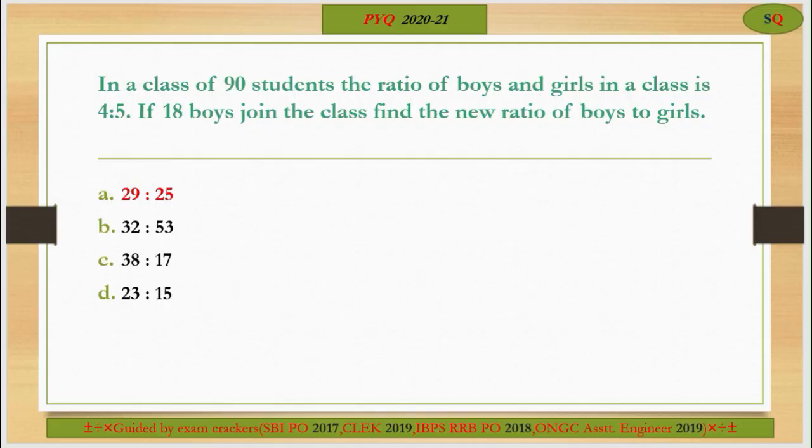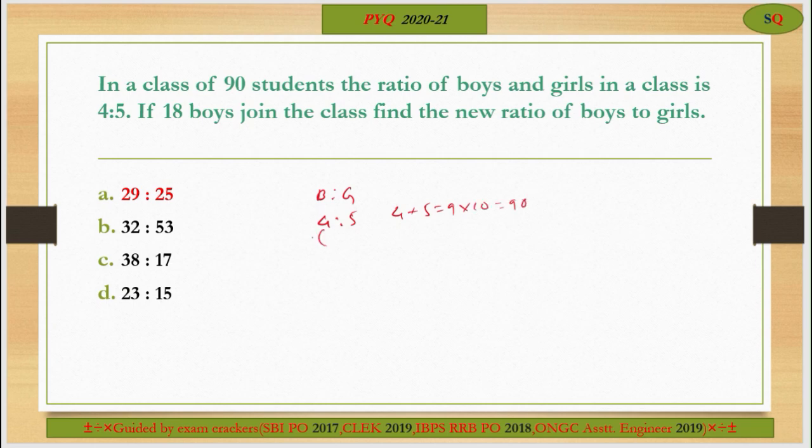Next question. In a class of 90 students, the ratio of boys and girls is 4:5. If 18 boys join the class, find the new ratio of boys to girls. So total students is 90 and the ratio of boys and girls is 4:5. We know 4 plus 5 equals 9. So 9 times 10 equals 90.